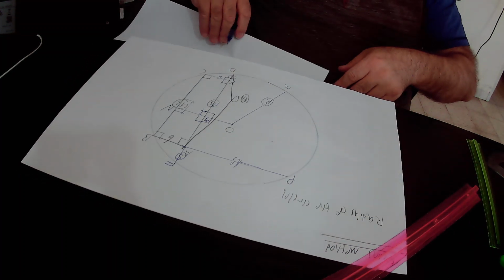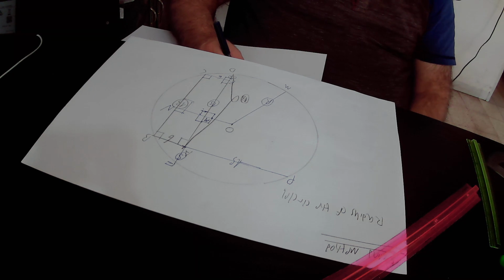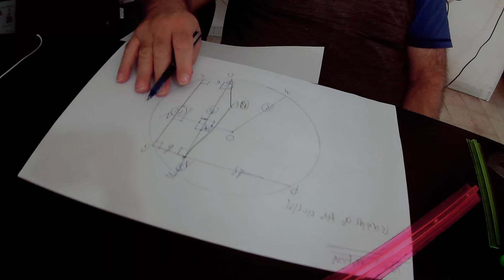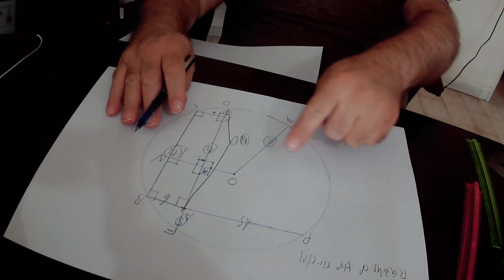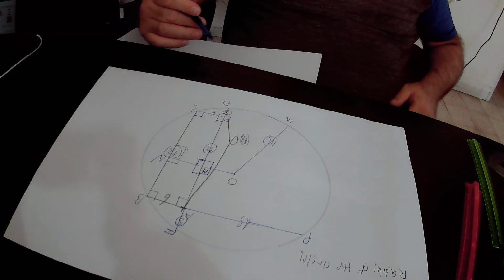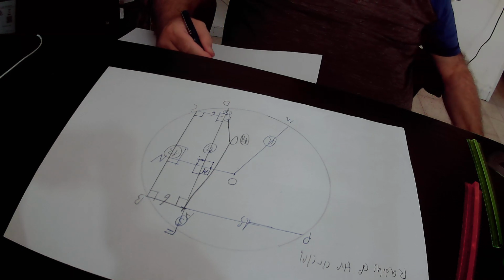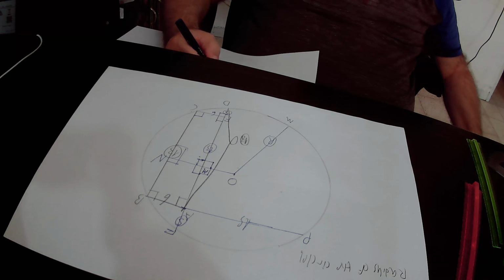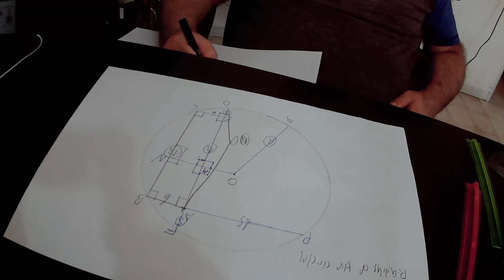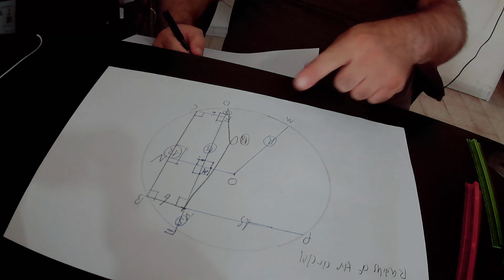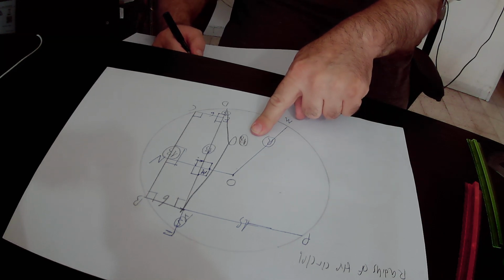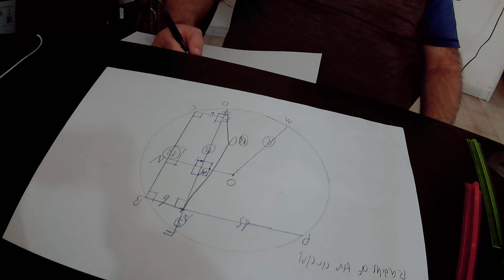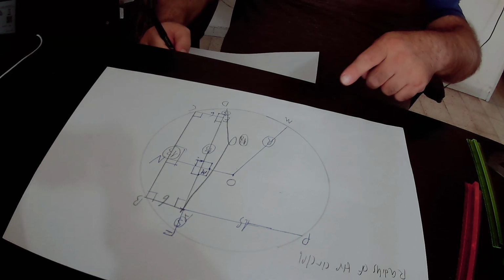So 4R squared equals FA squared. FA equals 5 units, therefore FA squared equals 5 squared, it is 25. Plus AD squared, AD equals 18 units, therefore AD squared equals 18 squared, it is 324. Plus PA squared.